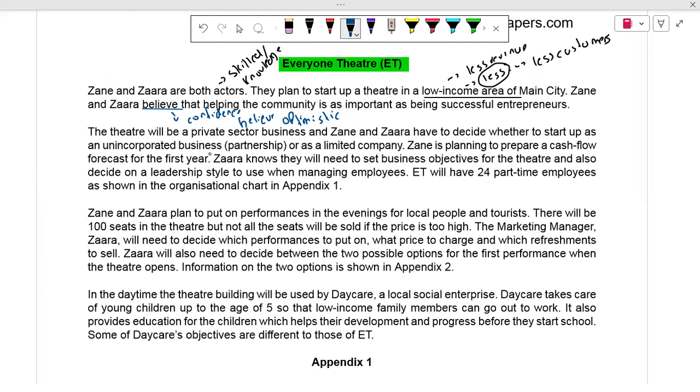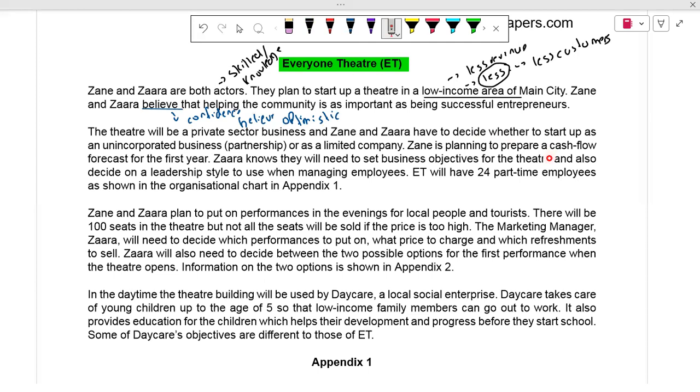Okay, so the theater will be a private sector business, and Zain and Zara have to decide whether to start up as an unincorporated business, for example a partnership, or as a limited company. And Zain is planning to prepare a cash flow forecast for the first year, because cash flow forecasting is very important, as this is the start of the business.